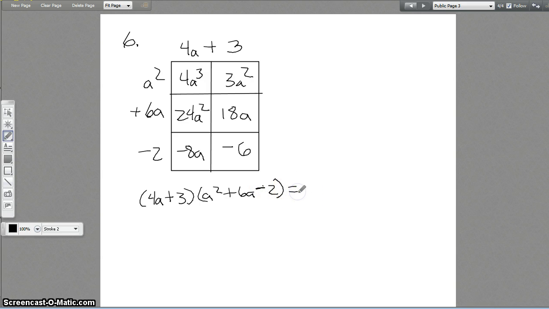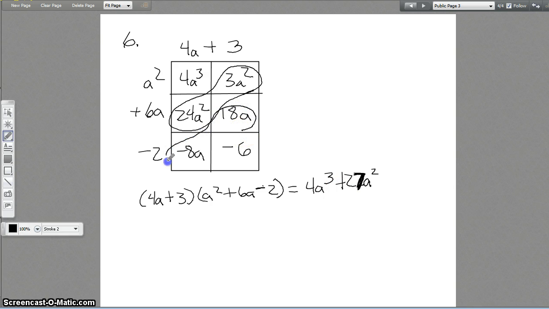Now, what is the answer that we're shown? Well, we've got 4a cubed, and then we have 3a squared and 24a squared. So if we had 3a squareds and then we got 24 more of them, we would have 27a squared. And then we look at our a's.